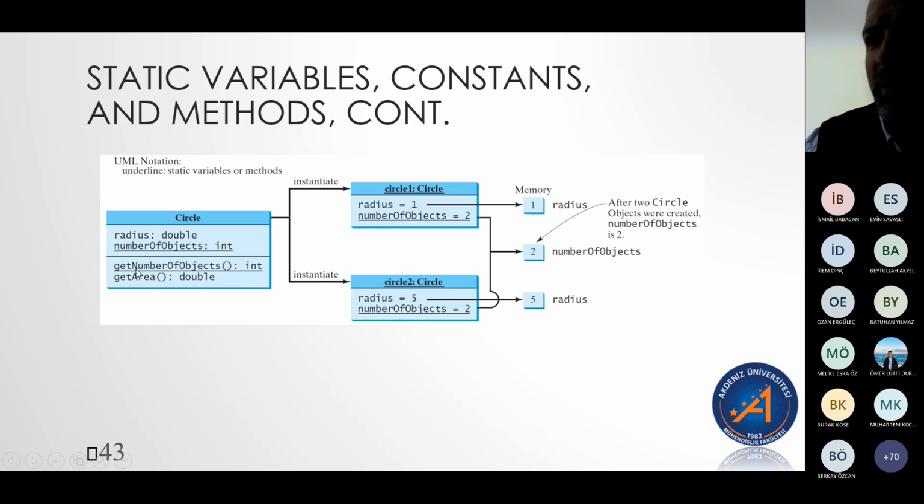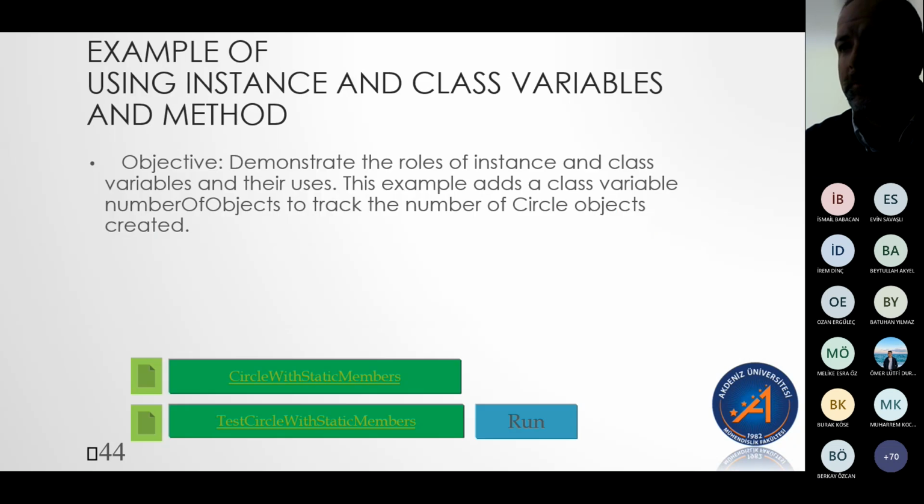The getArea method exists, but it's not different for each of them, so when we call this method, it's based on the radius value. We'll show the circle with static members in a moment.